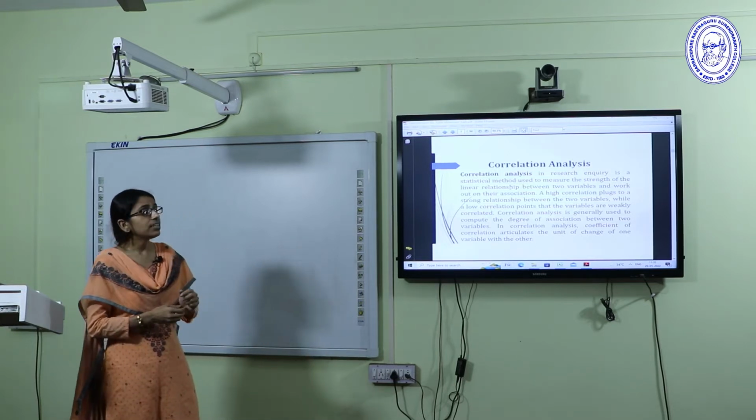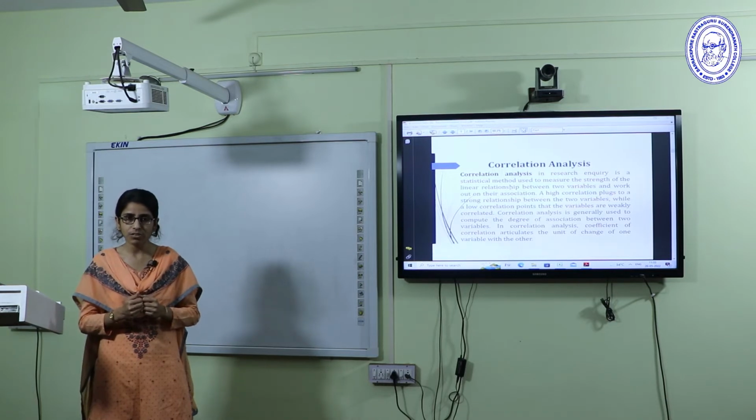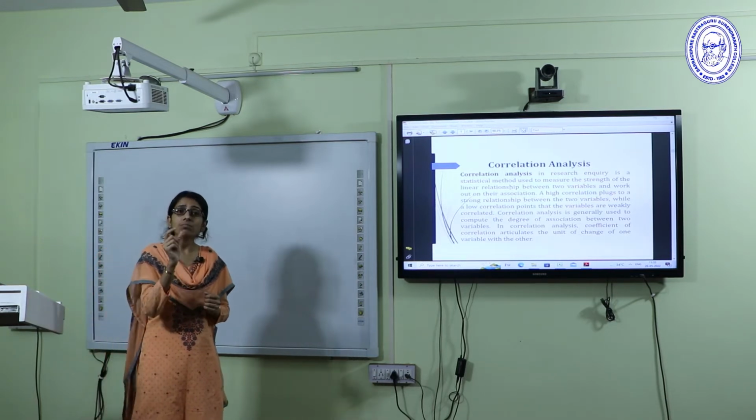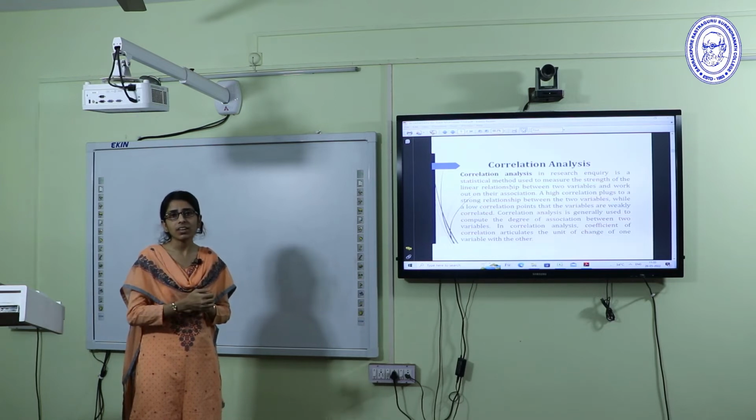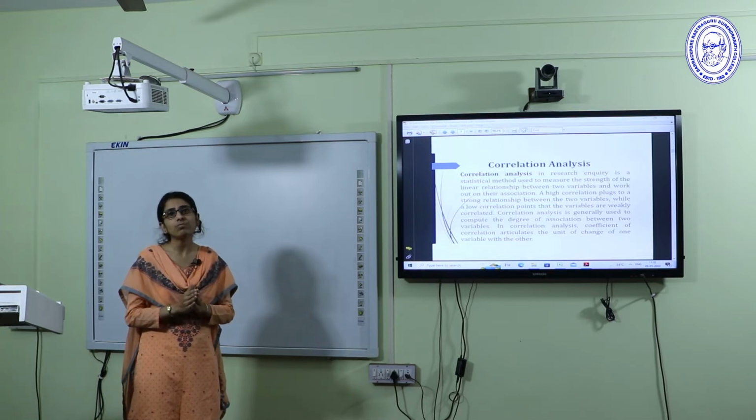Not only that, a high correlation points towards a strong relationship between the variables, whereas a moderate correlation points towards a moderate relationship between the variables, and a low correlation depicts a weak relationship between the variables.